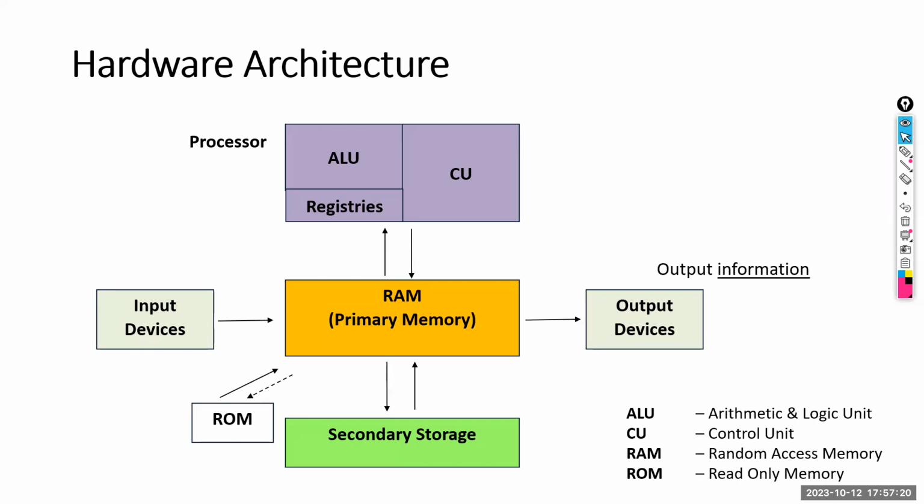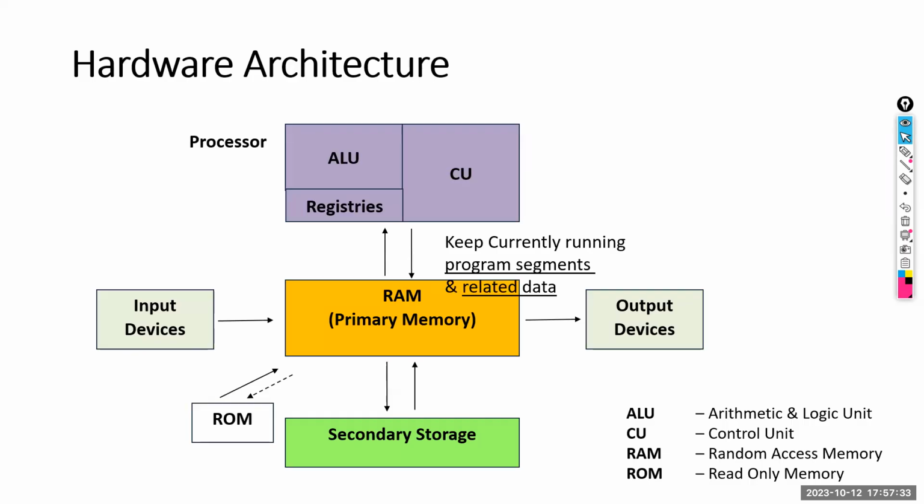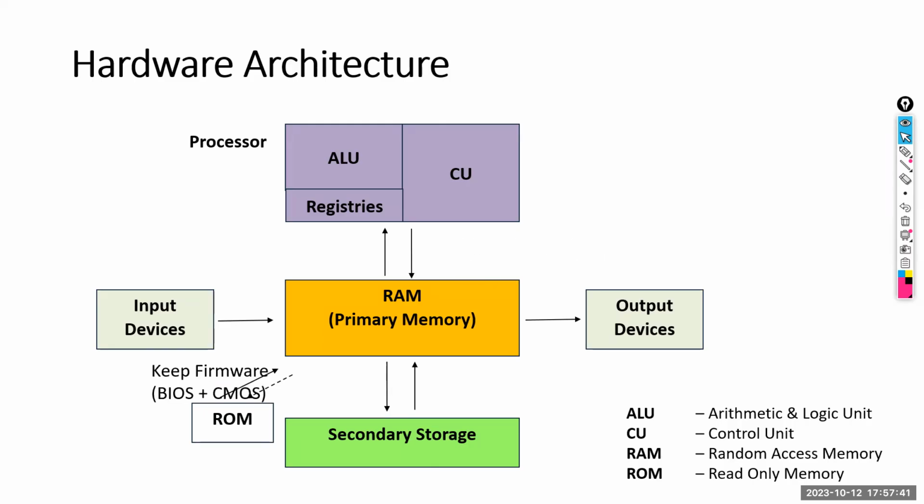Your main memory keeps the currently executing program segments and related data. Your secondary storage permanently stores your data and programs. So RAM keeps the currently running program segments and related data. ROM keeps your firmware, the main system firmware, BIOS and CMOS.